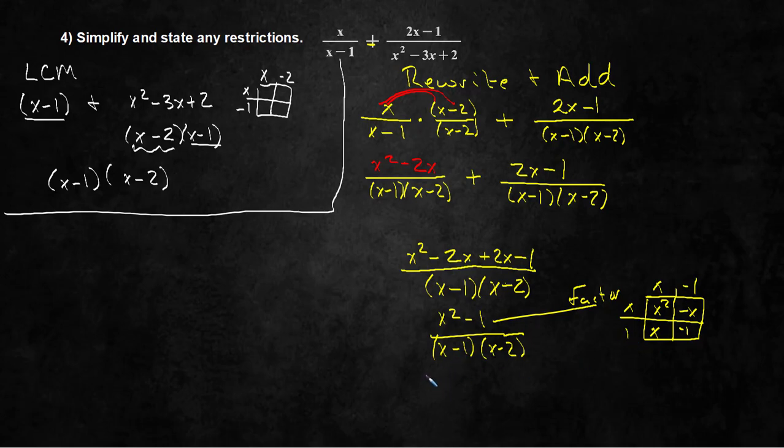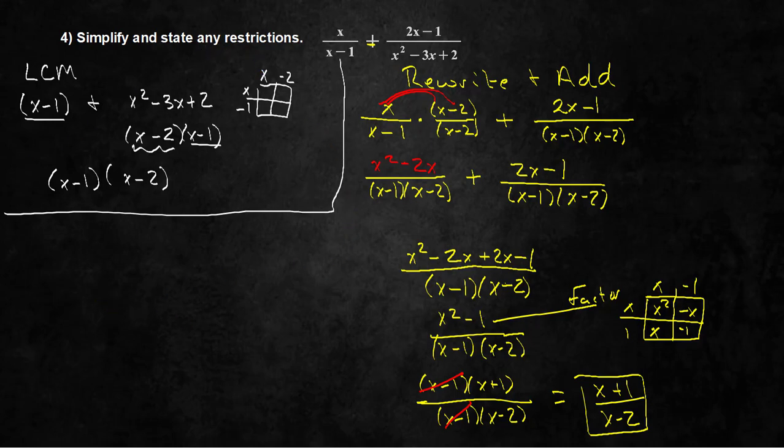And so that numerator becomes x minus 1 times x plus 1 divided by x minus 1 times x minus 2. The like term that can cancel is here. x plus 1 divided by x minus 2 is your final product.